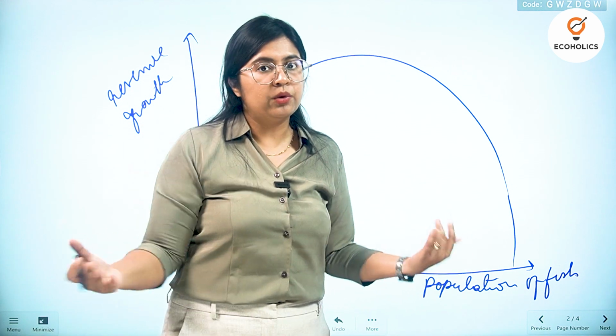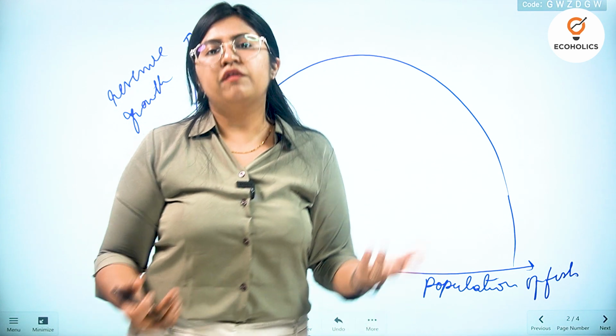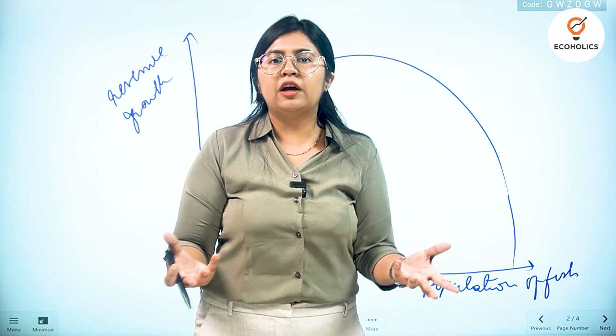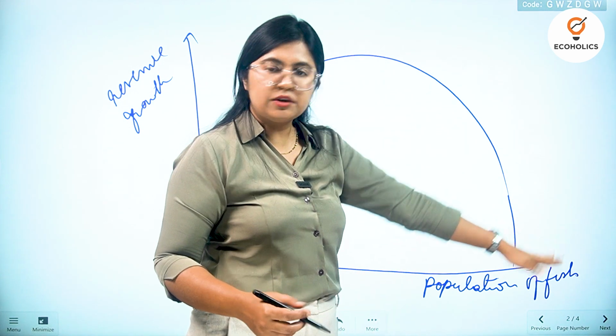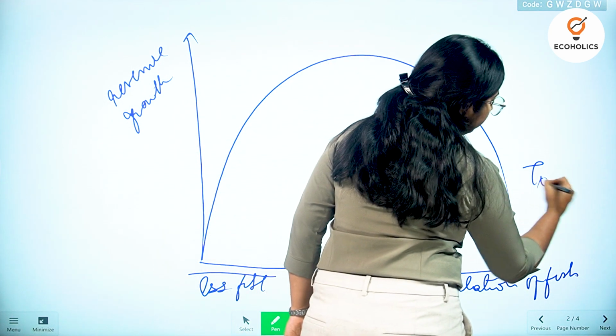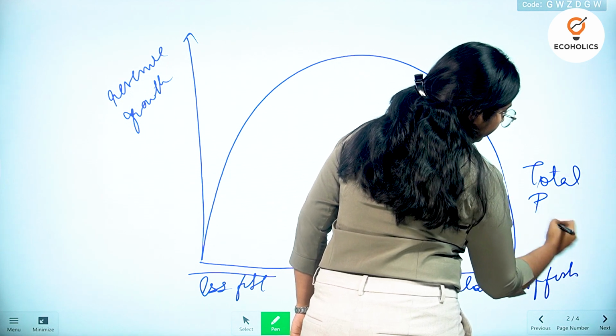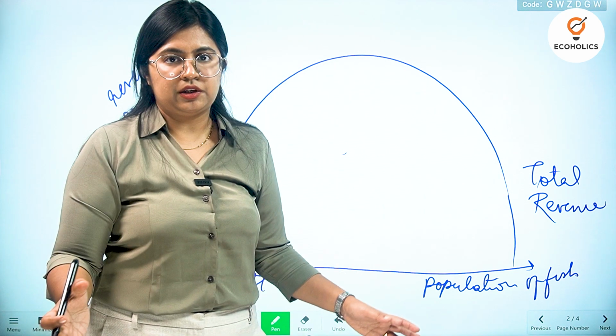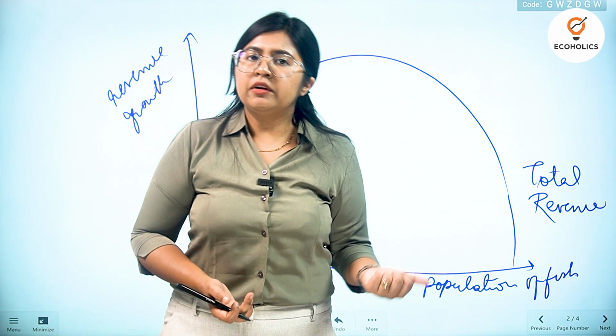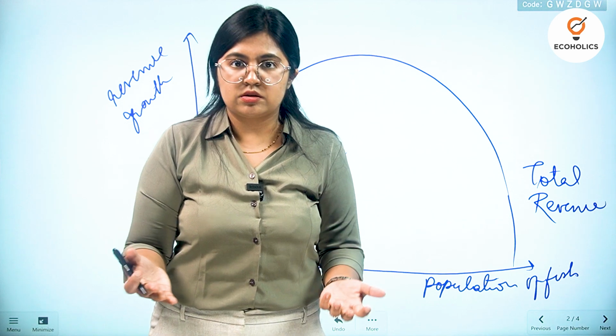Okay, revenue will be more. If there are fewer fish, obviously less population of the fish, then what will happen? Revenue will be low. So which is why this curve also depicts the total revenue that is earned due to the fisheries.